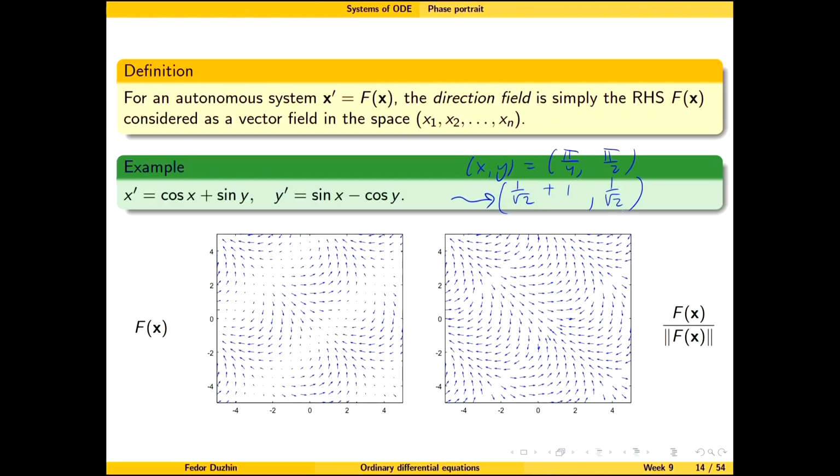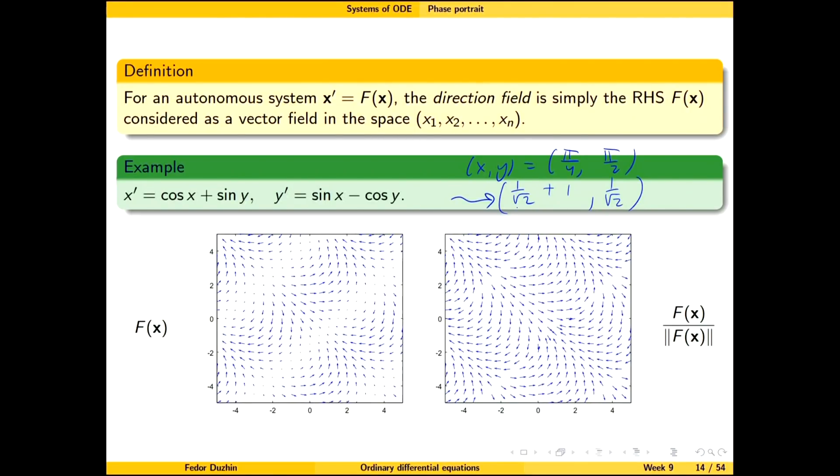So at this point we would plot the vector whose x coordinate is 1 over square root 2 plus 1, and whose y coordinate is 1 over square root 2, and so on. By doing this on a grid, we construct the whole vector field.